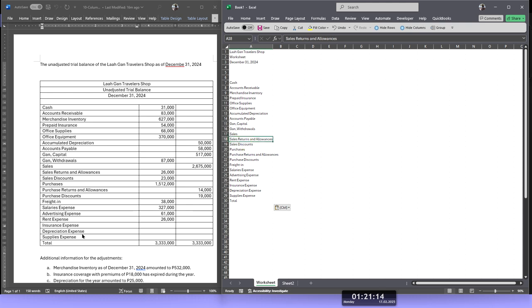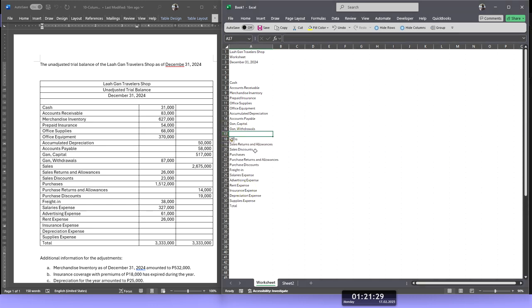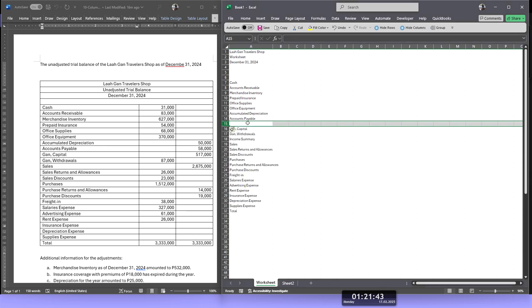And then I think during the activity, we realized that there were additional accounts that were not included here, and one of them was the income summary account, which is an equity account. So I'll add it appropriately after the withdrawal account, and the other one was accrued expenses payable.